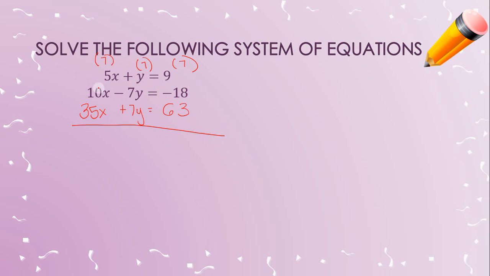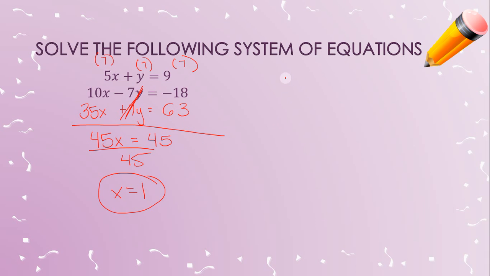Now, I'm going to add across. So those guys are going to cancel. 10 plus 35, that's going to give me my 45x. Negative 18 plus 63, 45. Solve for x now. So let's divide by 45. So you should get x equals 1.